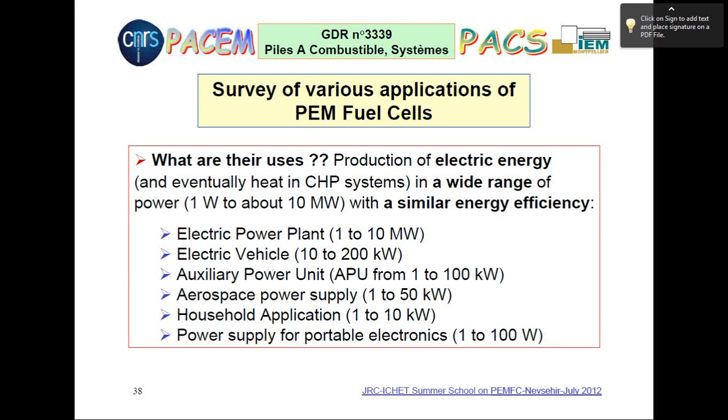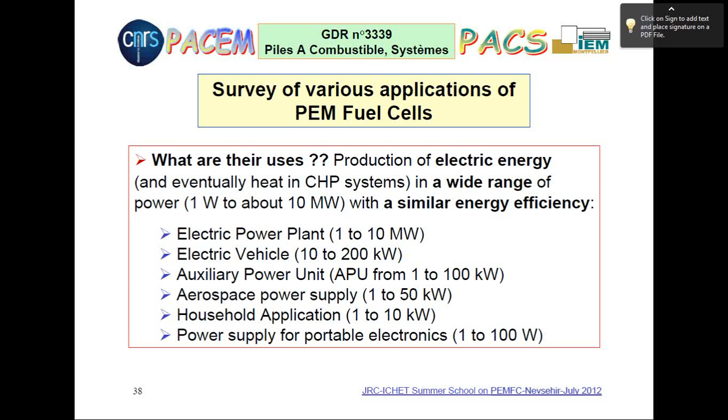It's different from a conventional power plant, where a larger plant increases efficiency. For fuel cells, you have more or less the same efficiency for very low or high power. So you have applications in many fields: electric power plant, electric vehicle, auxiliary power unit, aerospace, household, portable, etc. So just shortly, the applications.